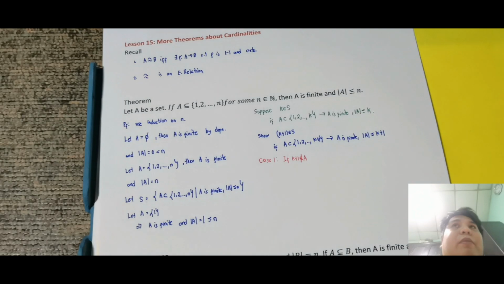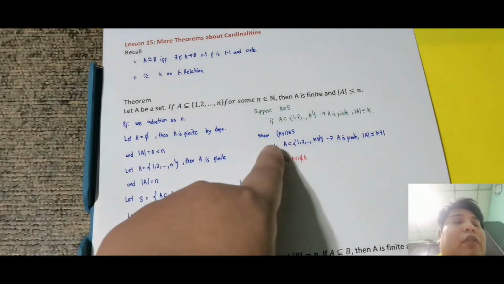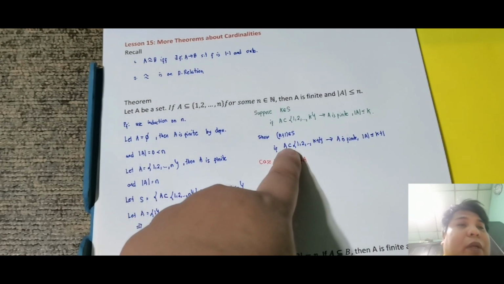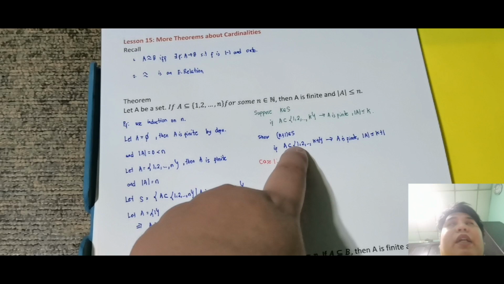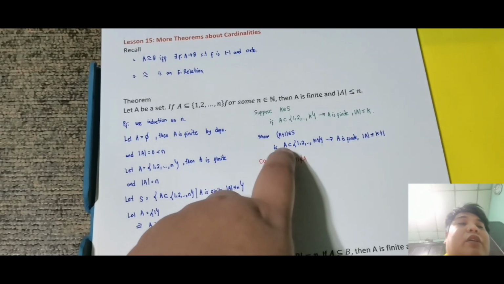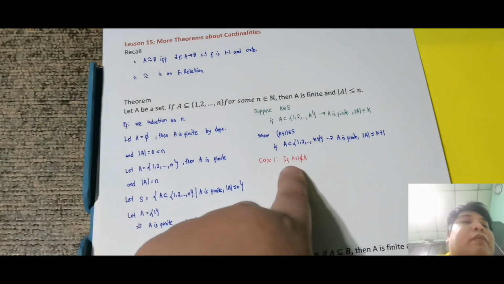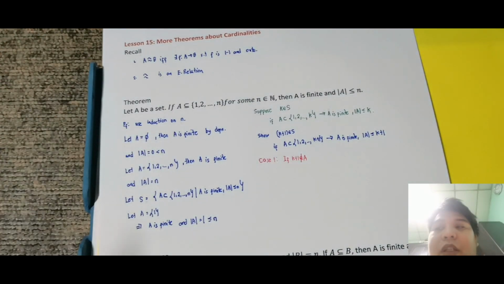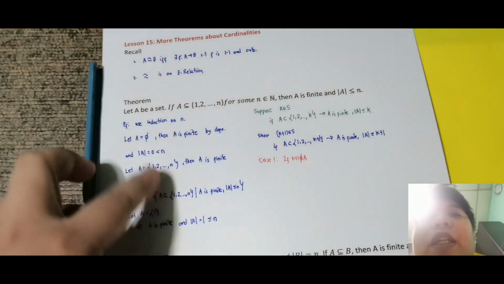So merong subset na may 1, 2, 3, ..., up to k plus 1. Ngayon, ang sabi, if k plus 1 element of S, then si A subset or proper subset nung set na {1, 2, 3, ..., k}. Okay? Ngayon, ito yung tanong. What if k plus 1 is not an element of A? Meaning, hindi siya pasok sa A. Ano mangyayari? Kung si k plus 1 hindi element ng A, then ano si A?